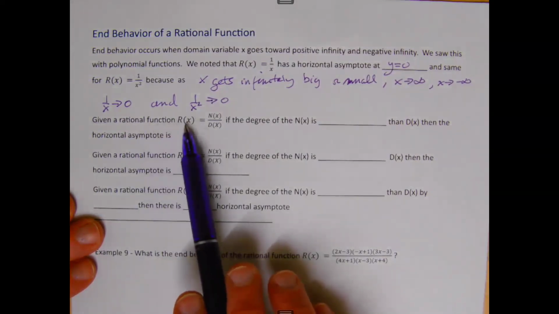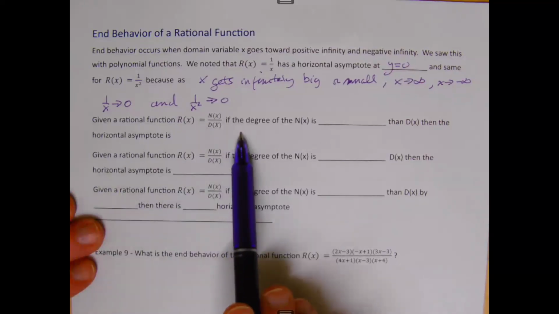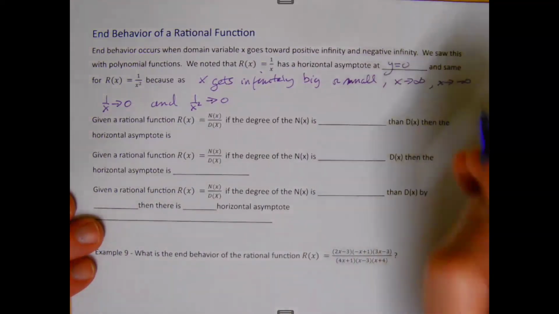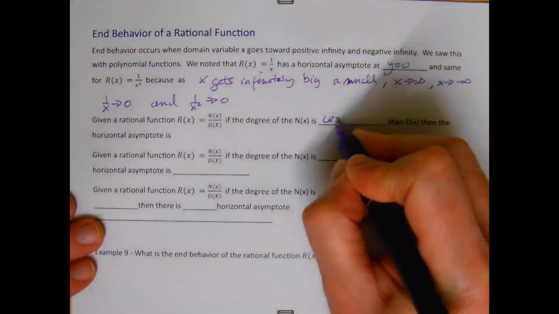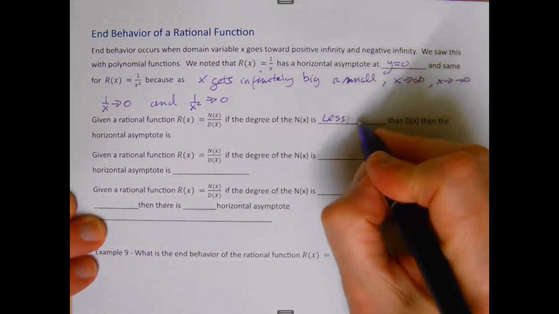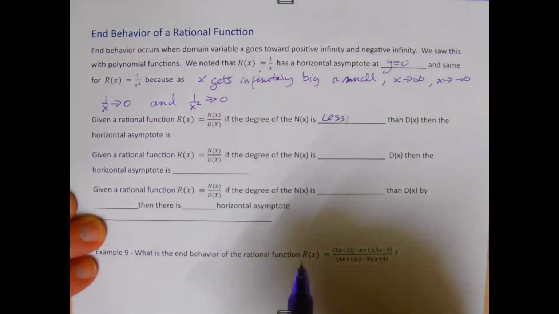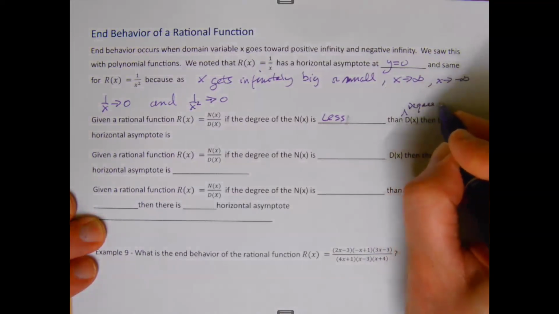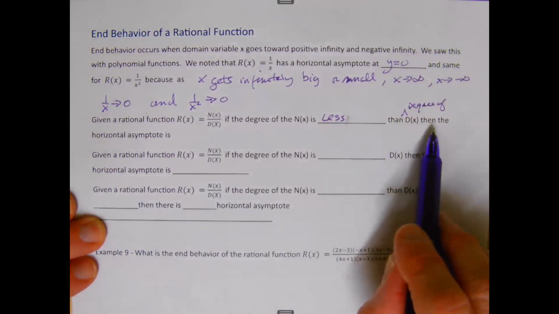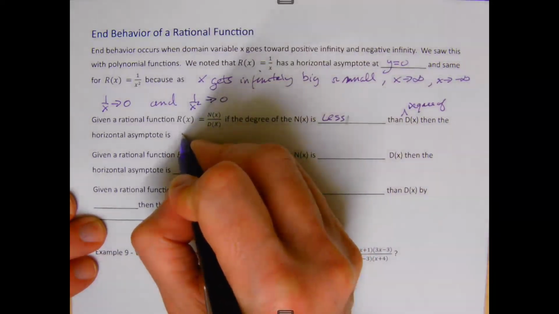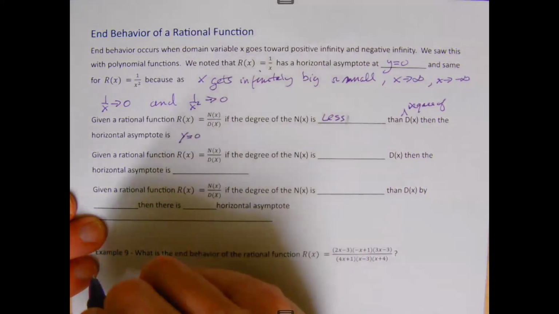Given a rational function, R(x) equals N(x) over D(x), if the degree of the numerator is less than the degree of D(x), then the horizontal asymptote is y equals 0.